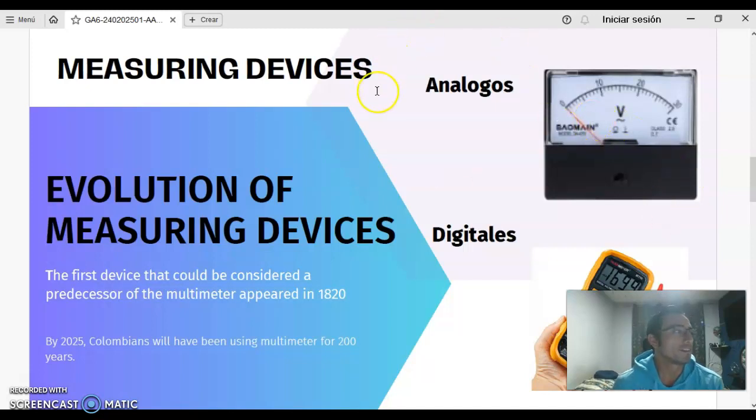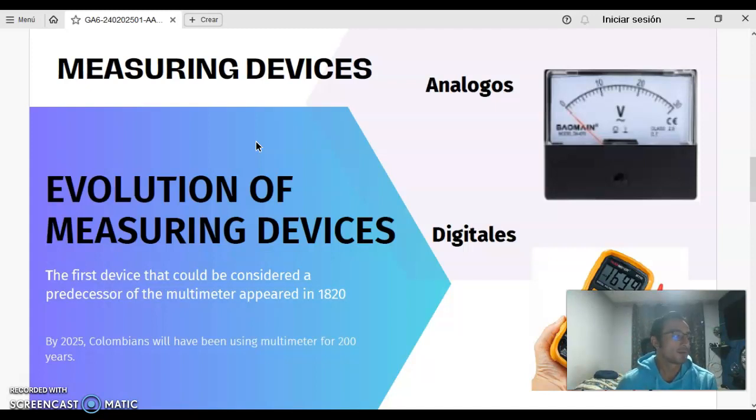Regarding the measuring device, we will talk about the evolution of the measuring device, where the first device that could be considered a predecessor of the multimeter appeared in 1820.